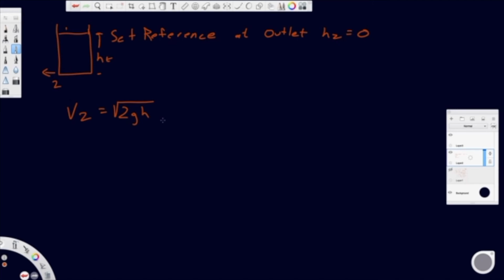Okay, so if we rewrite that now in terms of our flow in, flow out, and accumulation, we have the area of our tank. Actually, let me write that down here. So we have our accumulation equal to our flow out is what we're writing here.